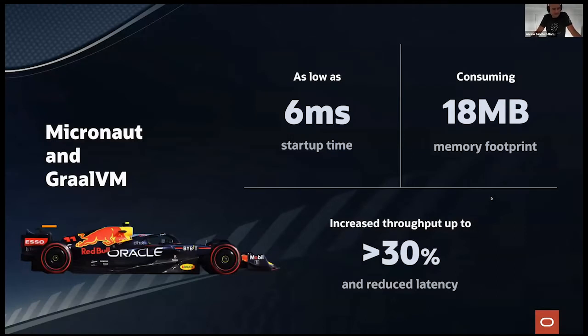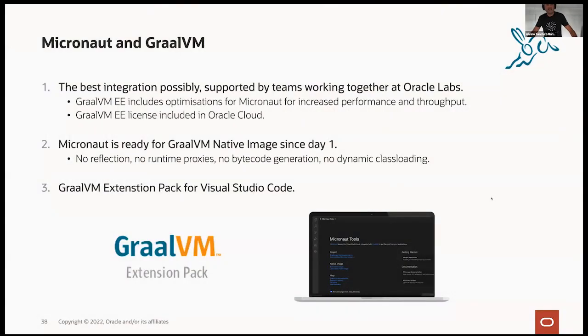Micronaut and GraalVM is a good combination because it gives you really low startup times and a really low memory footprint, with better throughput in different scenarios. Micronaut and GraalVM also have the best integration possible, because both teams are working together at Oracle Labs.